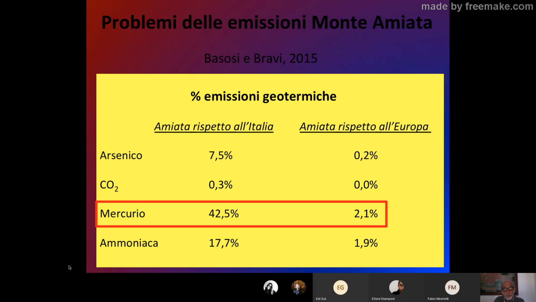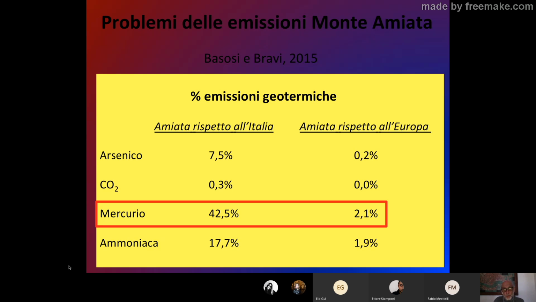And this is why the geothermal power plants in Tuscany get green certificates, because they don't count the CO2 emissions and they don't count the mercury emissions into the atmosphere.